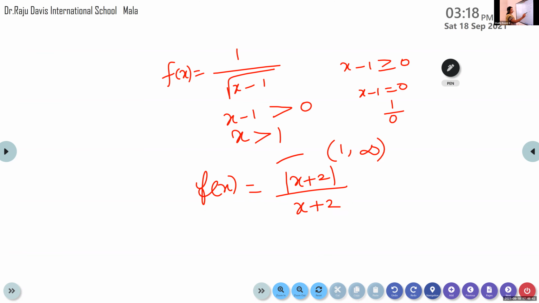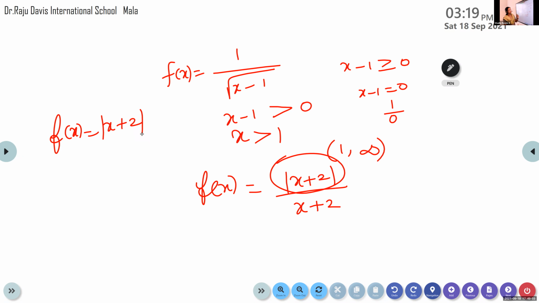Here modulus of x plus 2 can be defined for all the real numbers. But here we have a denominator. So whenever we get a denominator, what do you have to check? Denominator must not be equal to 0.